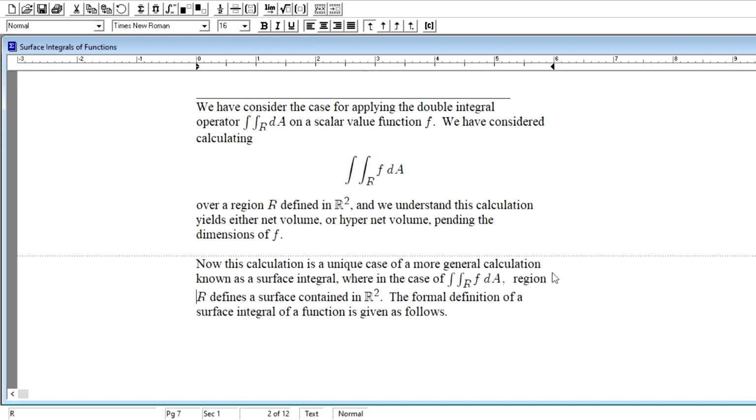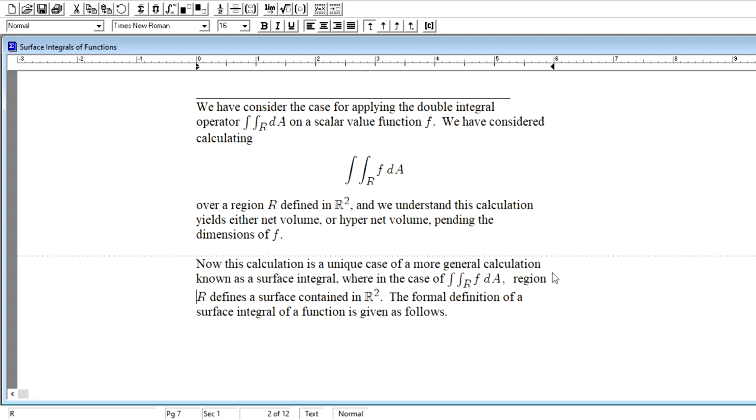But what we can take note of, and this was true with the case of lines, is that lines are what we might think of as a one-dimensional object, but they can be warped and twisted and curled in n-dimensional space. And the same can be said about a surface. A surface exists naturally in a two-dimensional space as what we might say is a flat surface. But that flat surface itself can be warped into three and furthermore into n-dimensional space.